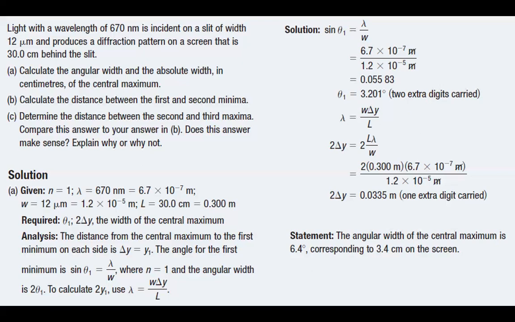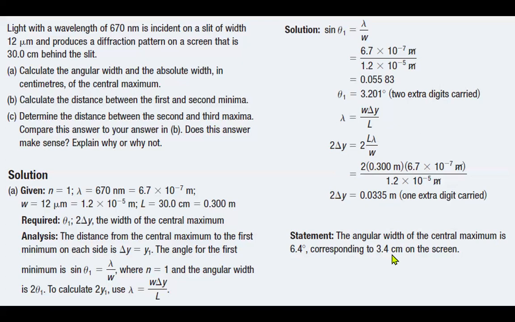So the angular width of the central maximum is twice of this value, which is approximately 6.4 degrees. On the other hand, 2 delta y equals 2 times L lambda over W. And this gives us 2 delta y is approximately 0.0335 meters.